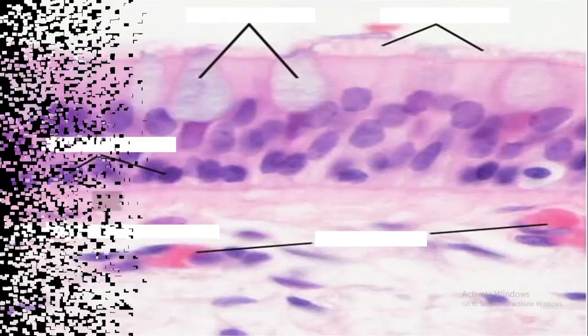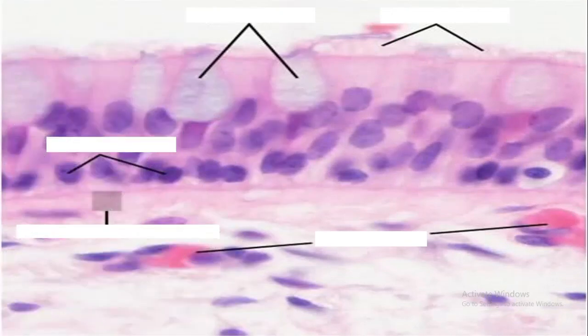Unfortunately, these slides cannot help us, so we can use this other slide. In this slide, we can identify some content you are supposed to know. One is the goblet cells there, and you can also talk about the cilia.